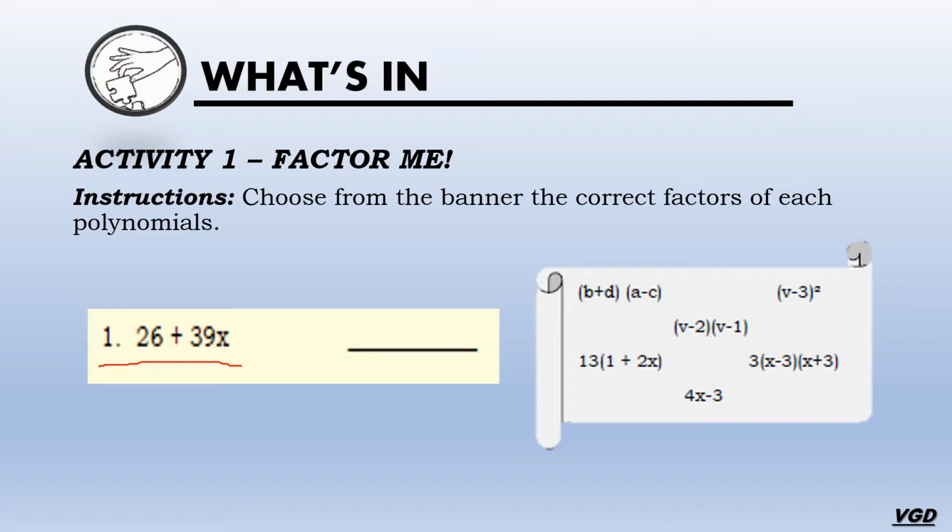As you can see, you cannot see the answer in the banner. So all you have to do is just write your answer on the blank. And the answer for number 1, 26 plus 39x, is equal to 13 times the quantity of 2 plus 3x.